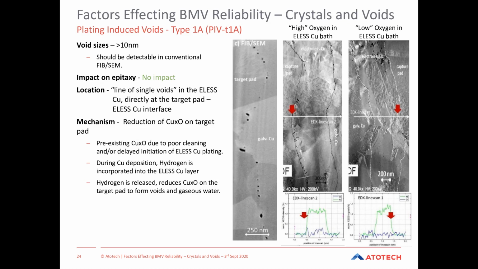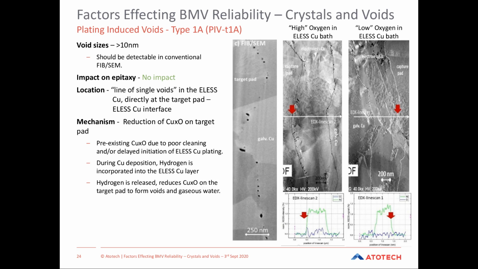So this type, again, no impact on bottom-up recrystallization, but instead of a cloud of voids, it's a single line of voids. And it's usually, again, around the interface between the electrolysis and the target pad. What we believe this one is associated with, and it's one of the ways we've been able to create it, is a very thick oxide layer that can cause recrystallization to be inhibited.